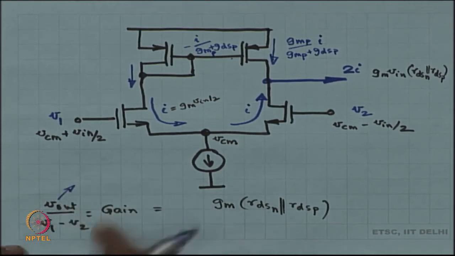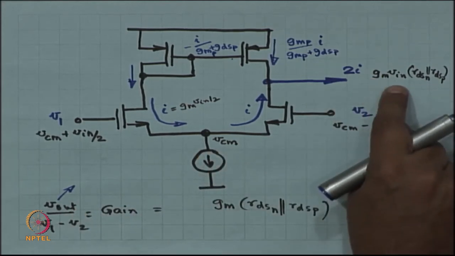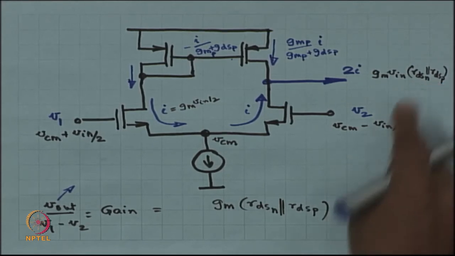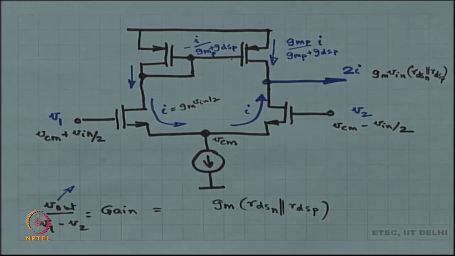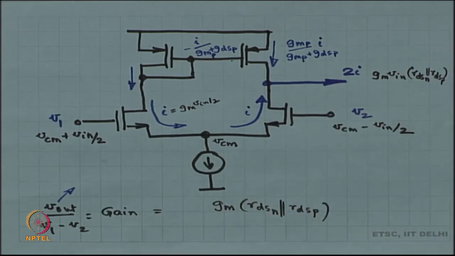In the symmetric case, V out is no longer just one node voltage, it is the difference between two voltages. That will also be exactly the same, it will be GM V in RDS N in parallel with RDS P. And therefore, the gain between the differential output and the differential input is going to be exactly the same. In this case, it is single-ended voltage by differential input. In that case, it is differential output by differential input. The gains happen to be equal. How strange is that?